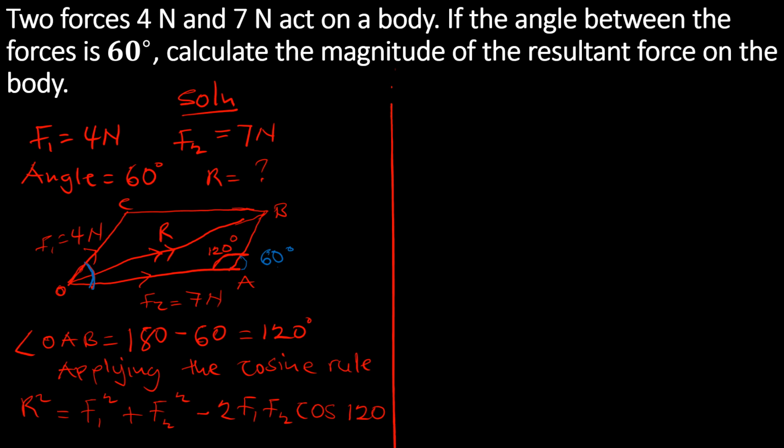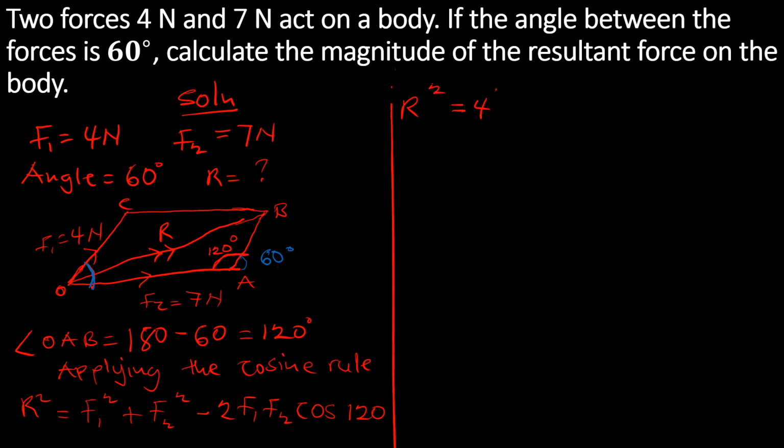Okay, so you have to find the resultant, which is the R. So R squared, let me write the R well. Okay, R squared equal to F1, which is 4 Newton.